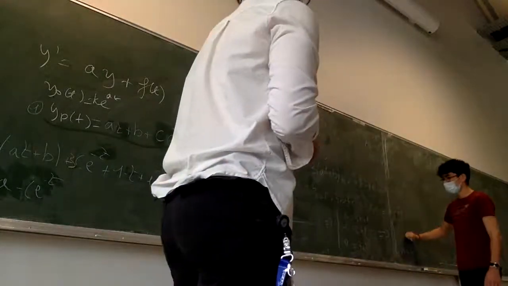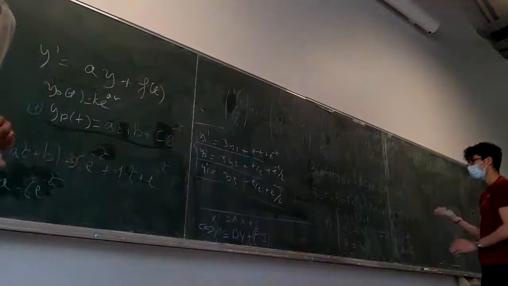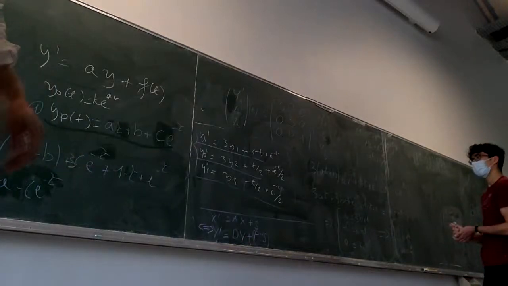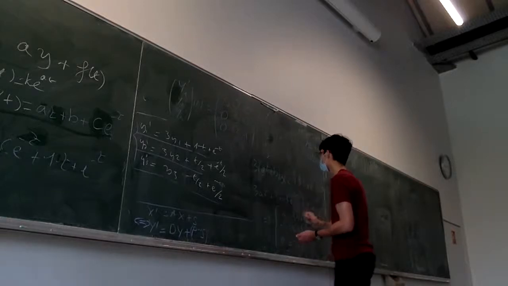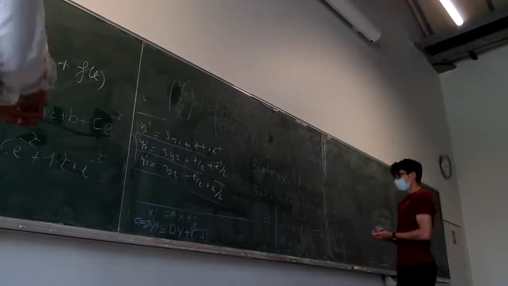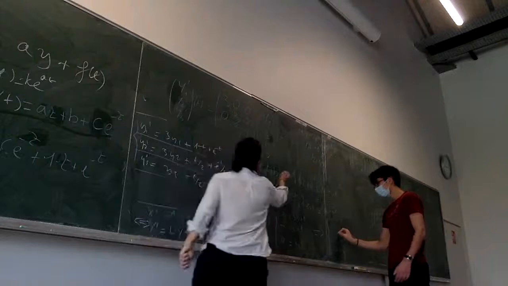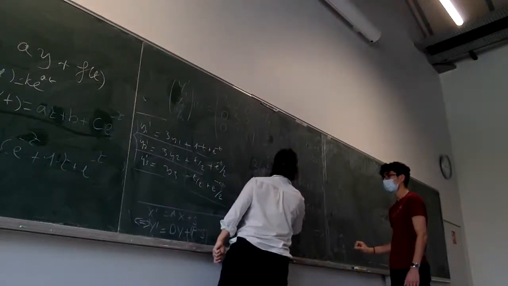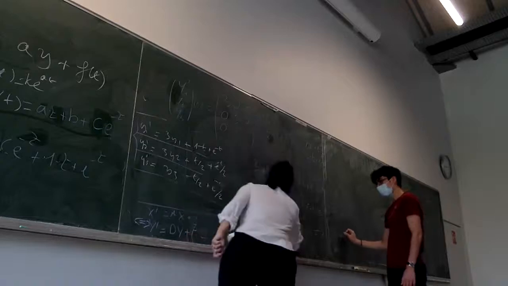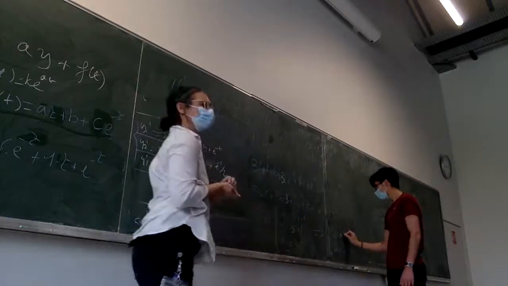So 4c is equal to -1. This is what was missing.